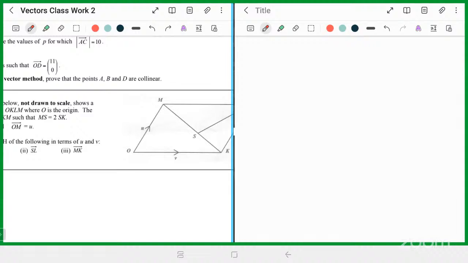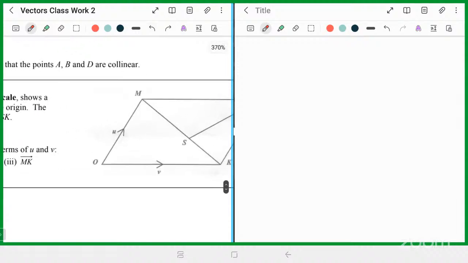So the question says that the MS is 2 times SK. So one way to do it on the diagram is to actually write what they have said. They said that this MS is 2SK. And this is just SK by itself. So this is 1 SK. And then if you imagine that the SK is not there, they say that the line is broken down into 2 to 1. So this part of the line has 2 equal parts, and this has 1 of those equal parts. And so the total parts on this line is 3.